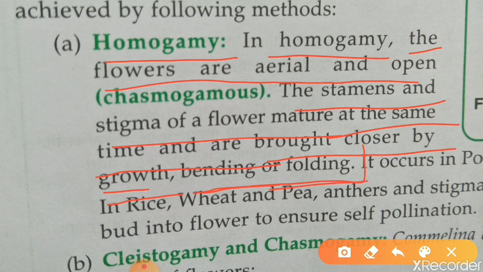In this way they come closer to each other and it helps in self-pollination. It occurs in potatoes, rice, wheat and pea. Okay, in these flowers we can see homogamy taking place.